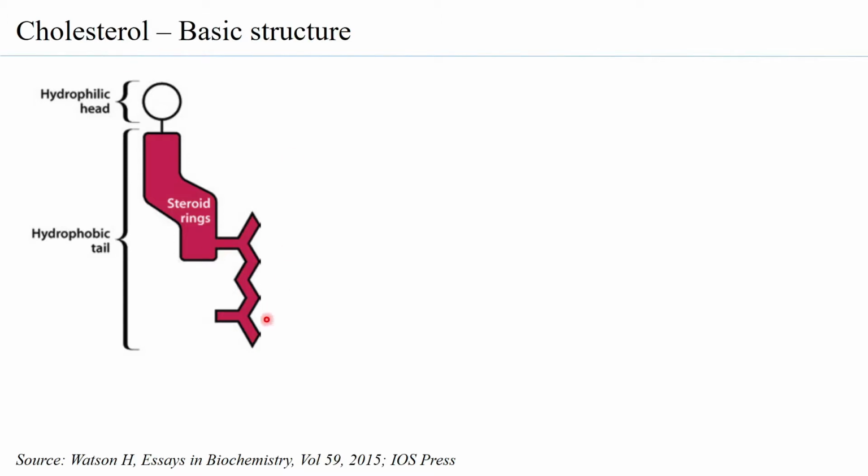When you look at the structure of cholesterol, you will find that it has a small hydrophilic head and a steroid ring with a hydrocarbon chain that forms the entire hydrophobic tail. This makes it amphipathic because here is where you have the hydrophilicity and here is where you have the hydrophobicity.